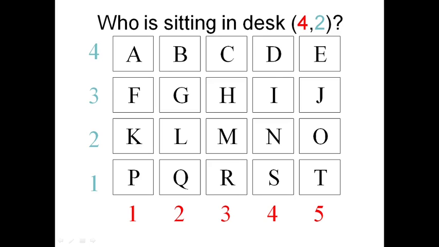You need to identify the person who is sitting in the fourth column and second row. So if you go to the fourth column, this is our fourth column and this is our second row. So N is sitting there, right? So N is the person who is sitting in the fourth column and second row.